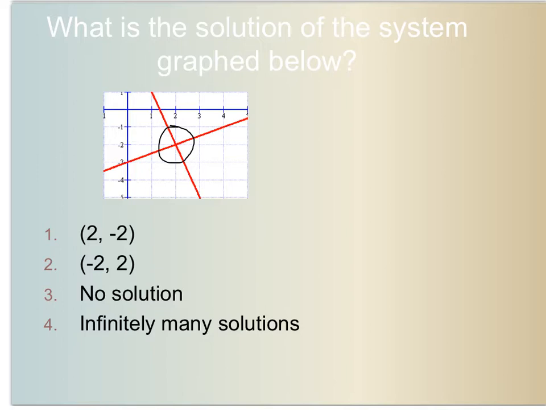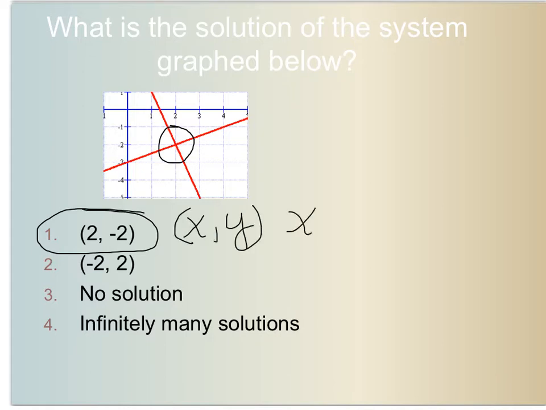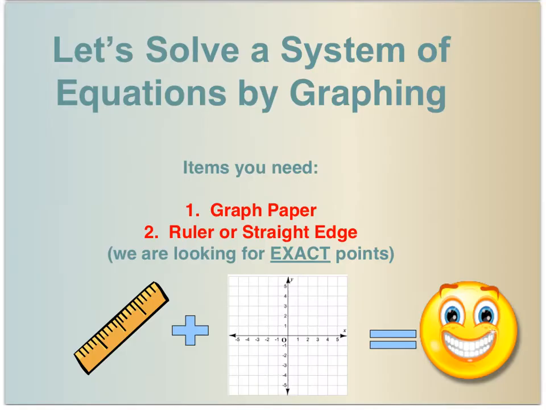So the solution for this system of equations is the point 2, negative 2. So at the point x, y, where x equals 2 and y equals negative 2, that is the point that those two equations share. So let's solve a system of equations by graphing.